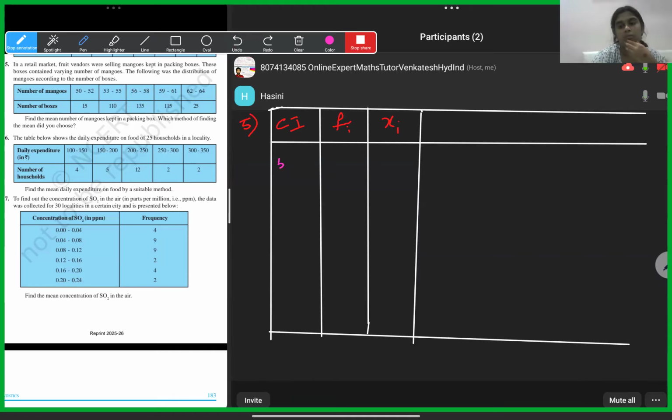So we have to subtract 0.5 and add 0.5, which means 49.5 to 52.5. Then 52.5 to 55.5.